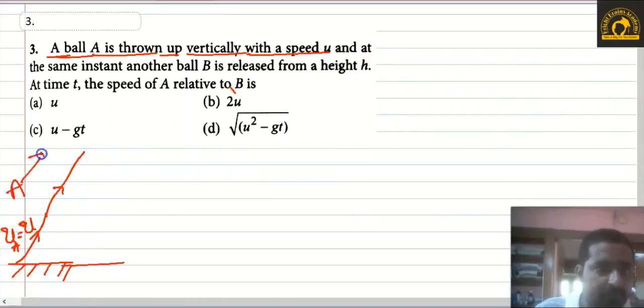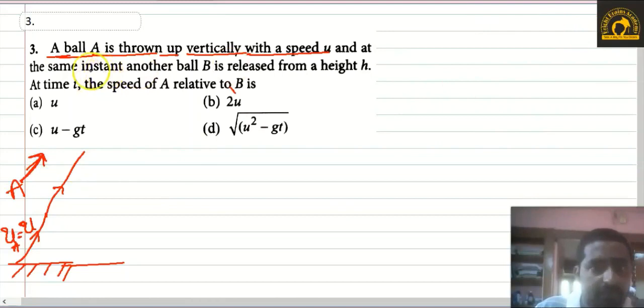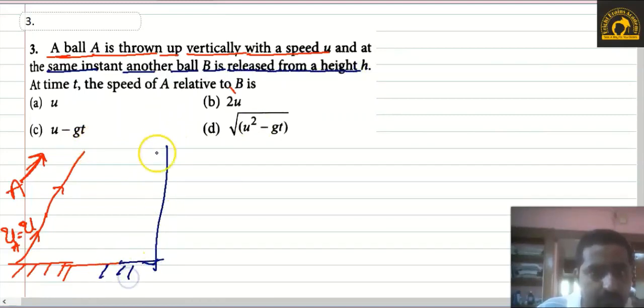Then at the same instant of time, another ball B is released from a certain height h from the ground. So at the same time, the body B is released.